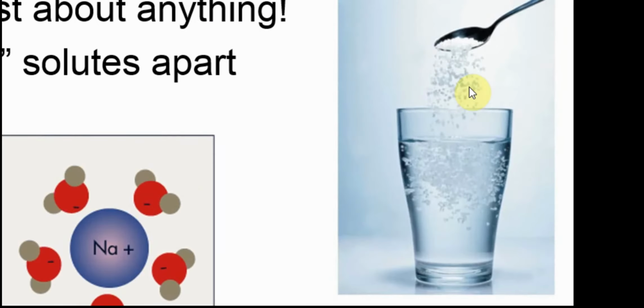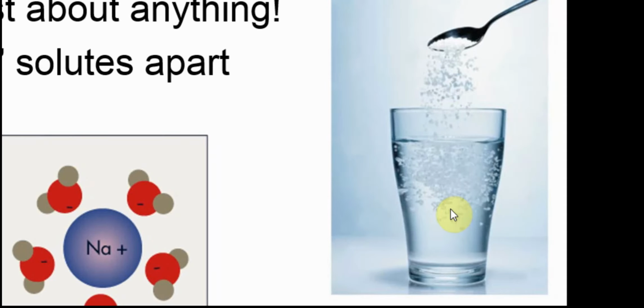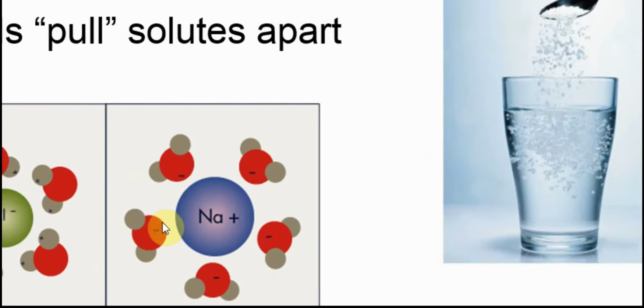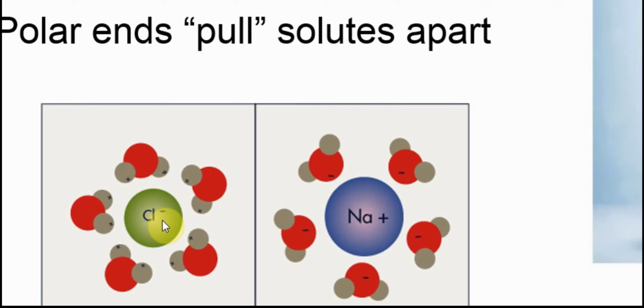Why salt dissolves so nicely in water is that salt, remember from our previous video, is an ionic compound. That means that the metal sodium has a positive charge, and the non-metal chlorine has a negative charge.